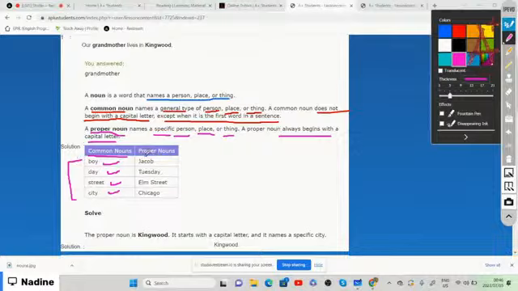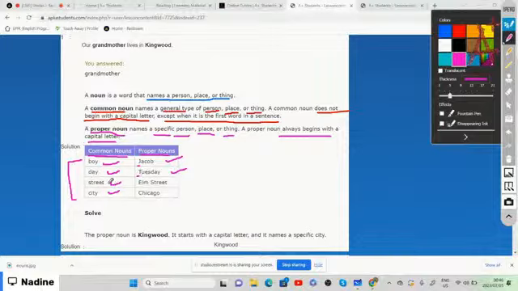However, a proper noun names a specific person, place, or thing, right? For example, instead of just saying the boy, we can then mention Jacob. You see, and the name also starts with a capital letter. Instead of just mentioning any day, we are specifically saying Tuesday or Monday or Wednesday, and that also starts with a capital letter.